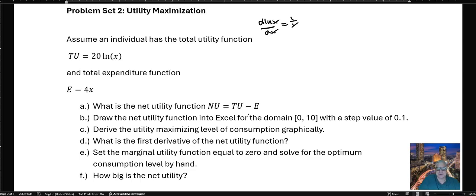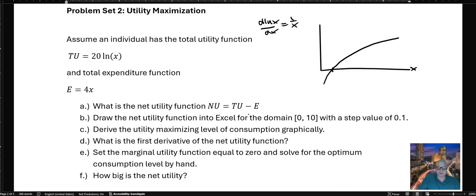That's the first derivative. But before we go into the slope, let's just draw it quickly. If we have x here, and here we have 1, the log of something which is less than 1 is always negative, so it turns out to look something like this. And then we have an expenditure function.